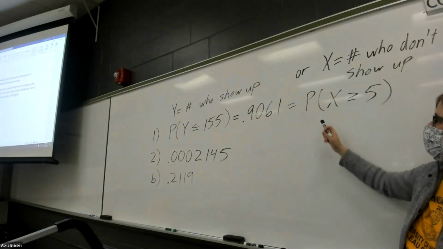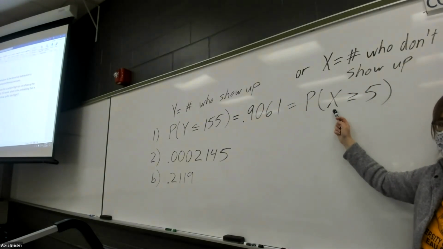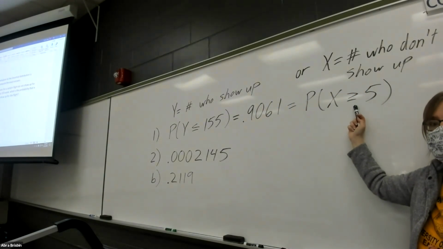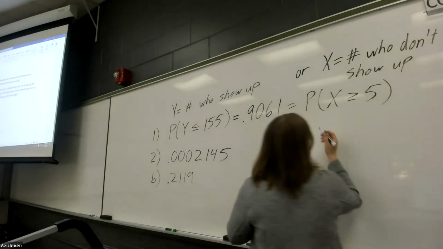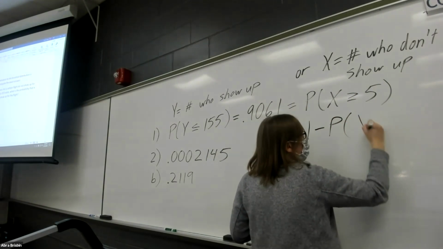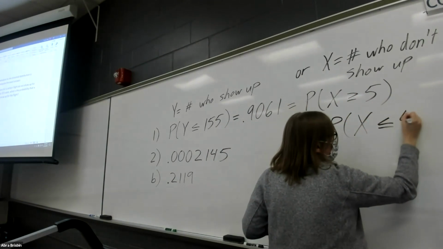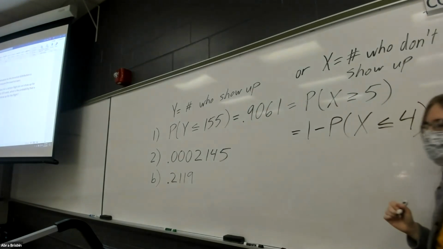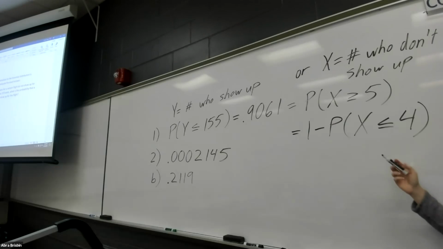If you're doing that, then you want to find the probability that, say, x is greater than or equal to 5, which is 1 minus the probability that x is less than or equal to 4. So if you started by using binomial CDF of 5 and then took 1 minus that, then your answer was slightly off because you didn't account for exactly 5 people not showing up.